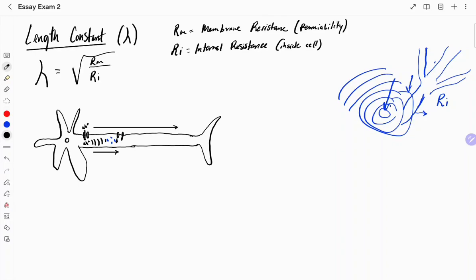So to recap, length constant, a larger length constant means that the signal is going to travel stronger further. A smaller length constant means that it's going to be weaker. The signal is going to be weakened sooner.